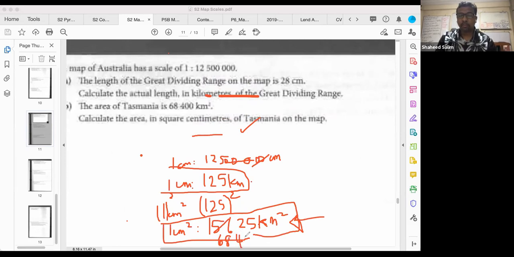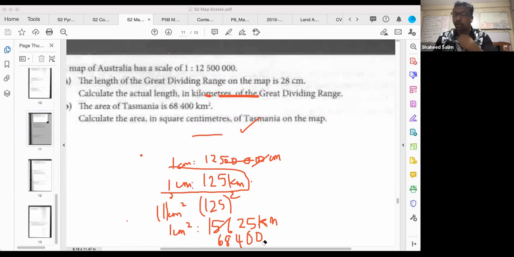68,400? You need to times by a certain number, but what number do you times? Some students are not so sure what number to times. So you take 68,400 divide by this. That's the answer you get, which is times 4352 or something like that.